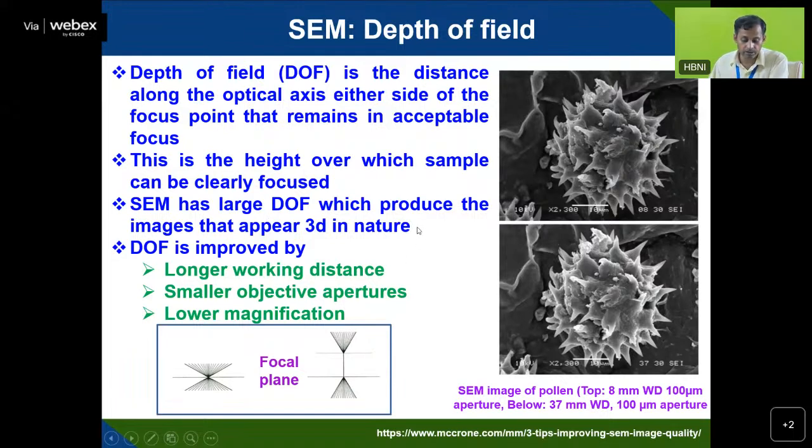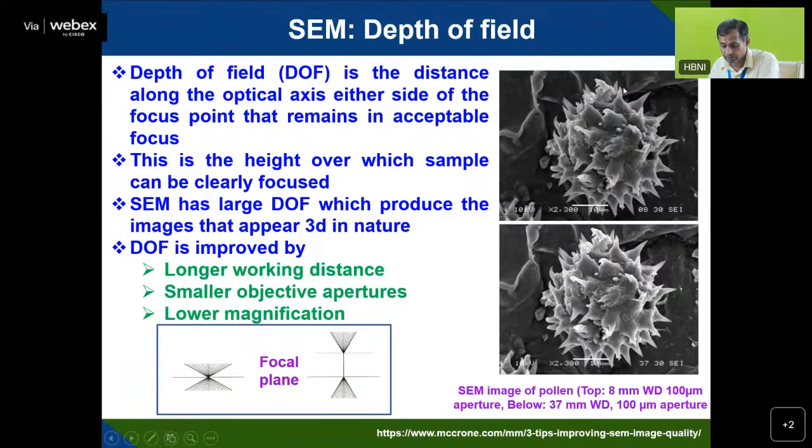The SEM has a large depth of field, which provides images that appear 3D in nature. Here you can see the top image and the bottom image, the SEM image of pollen. The top one is taken at 8 mm working distance, and the bottom one at 37 mm working distance with a 100 micron aperture.